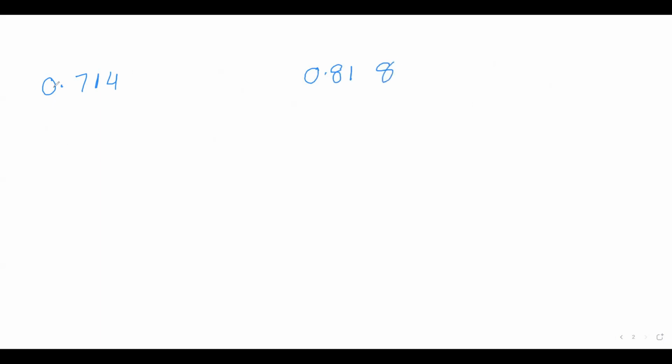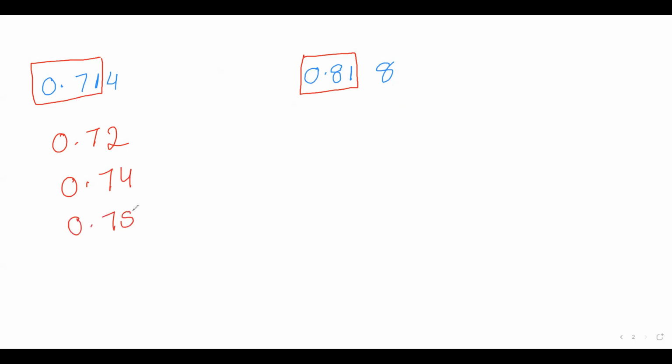You want irrational numbers between these two decimals. So let us take 0.72. You can take 0.72, leave this 0.71. Don't exceed 0.81. You can take 0.74, 0.75, 0.79.